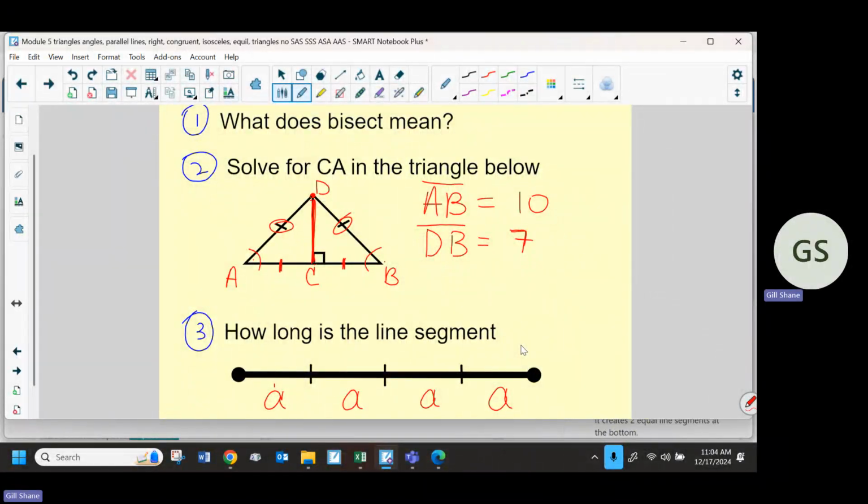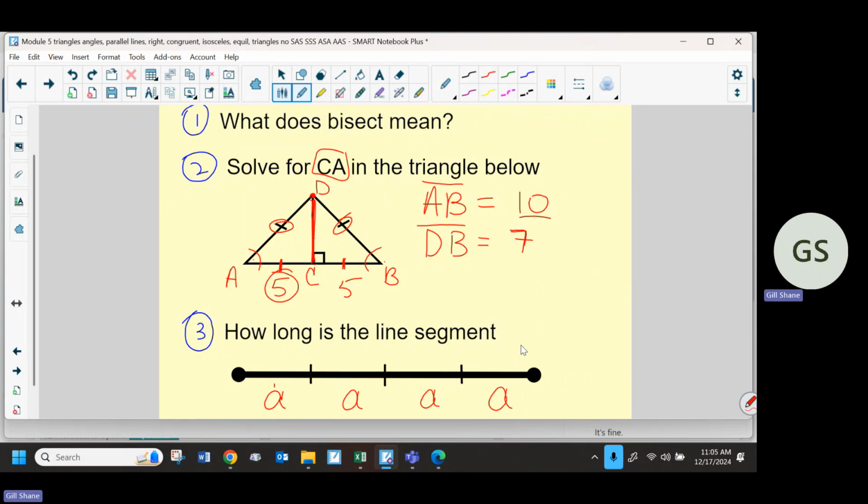So therefore, if we know AB is 10, it told us right there, we know this red line bisects it. That's how you solve for what I asked for, the CA segment. So the answer is 5.